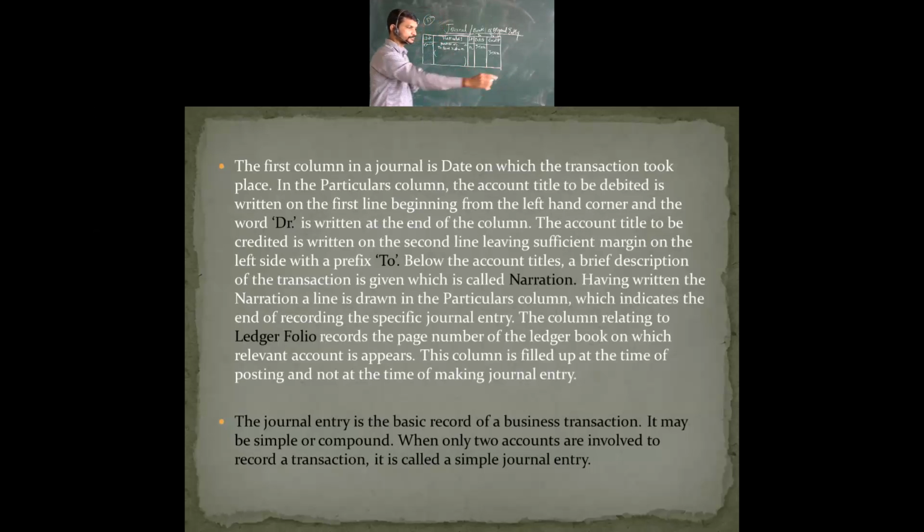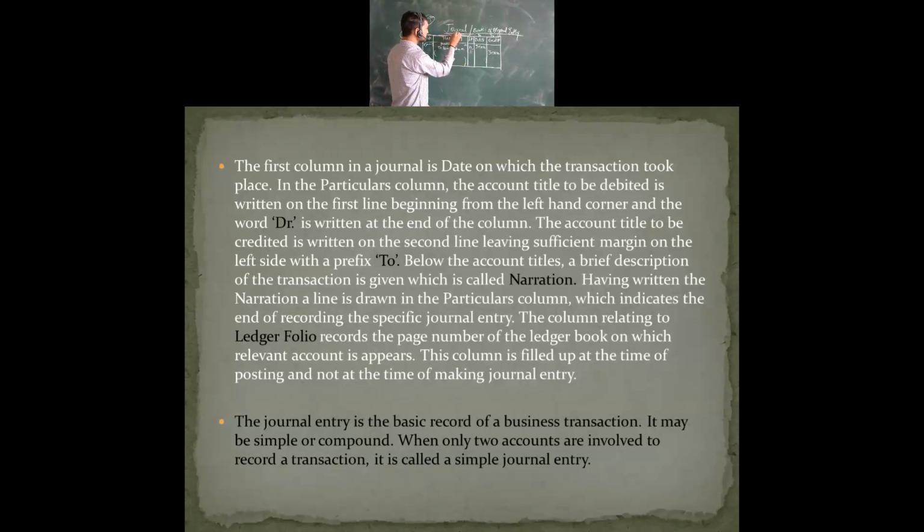Then record the page number here. This column is filled at the time of posting and not at the time of making the journal entry. Now, after passing this journal entry, when you post this in the ledger account further, that time you are going to fill it.